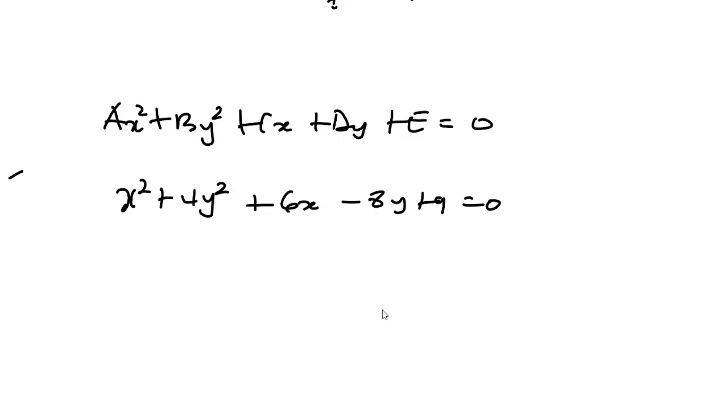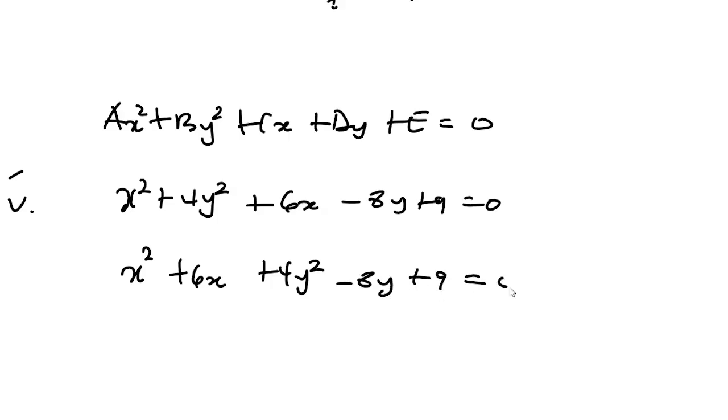Then you can easily solve. So we can do this. So you can complete the squares for the x and also for the y's. Then, let's see how it's going to be.